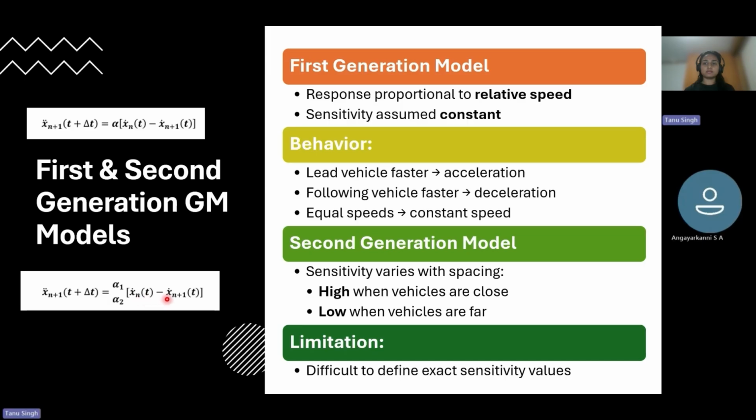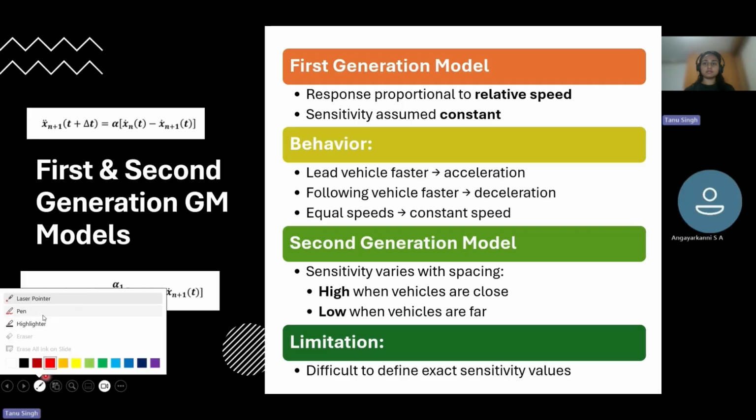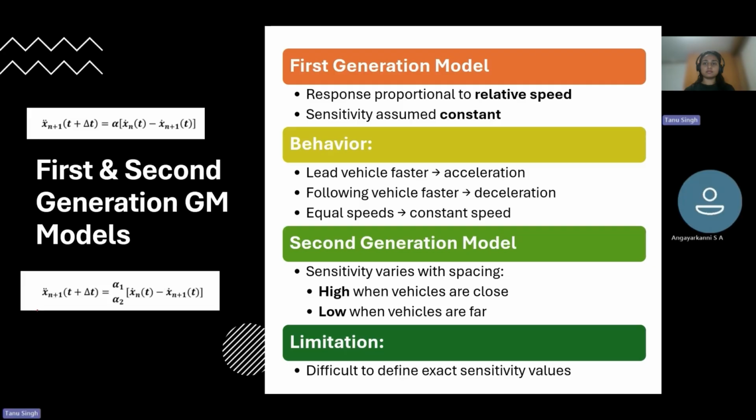It also had a limitation in another respect. For example, if we assume that the leading vehicle had the speed of 120 and the following had the speed of 100, but the space headway between them is 50.